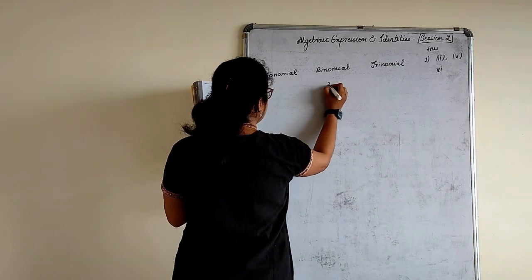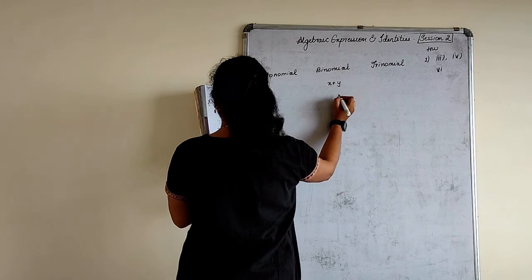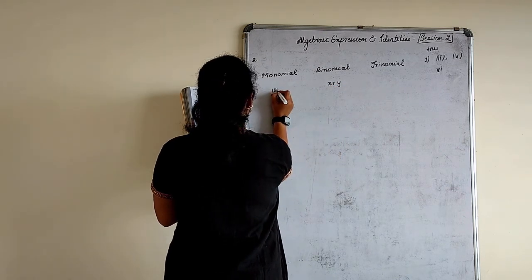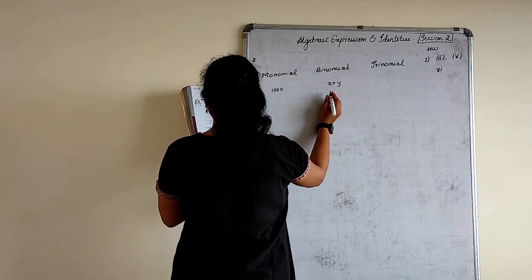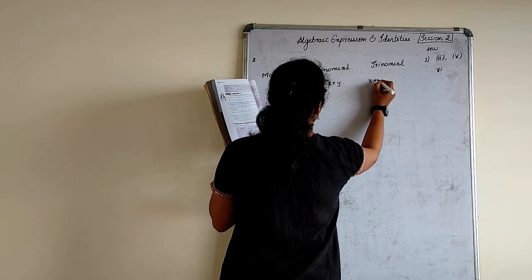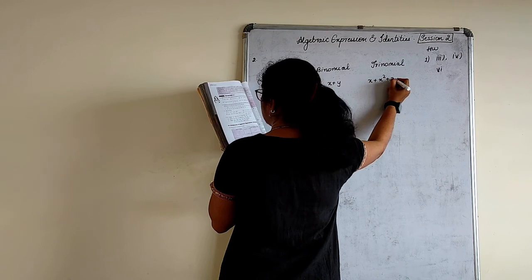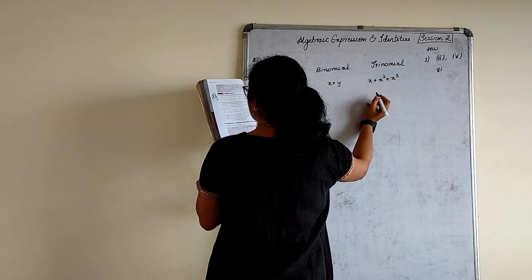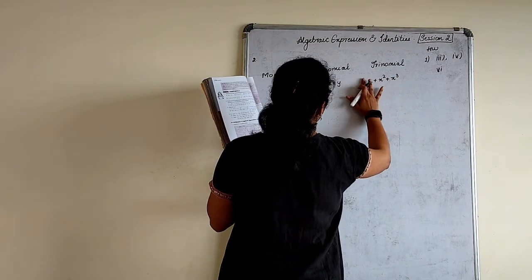x plus y, one below the other we will write. Next is 1000. Next is x plus x square plus x cube. Oh, one second, children.